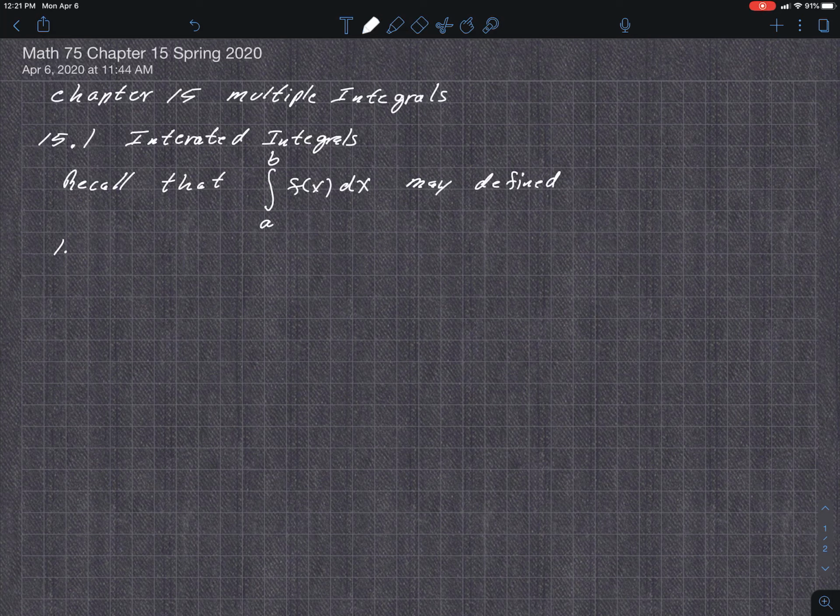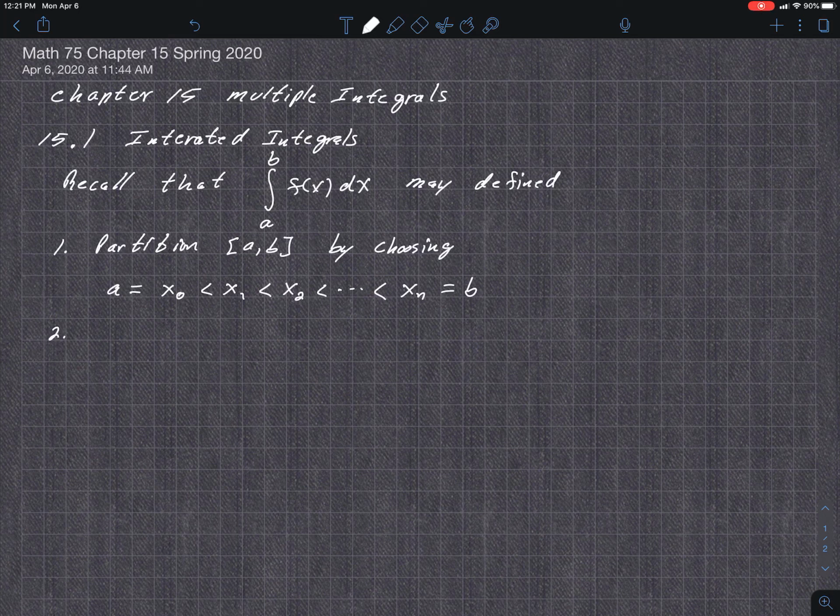So first we partition a to b by choosing, and this is just an arbitrary partition, a equals x naught, which is less than x1, less than x2, and so on, all the way to x sub n, which is equal to b.